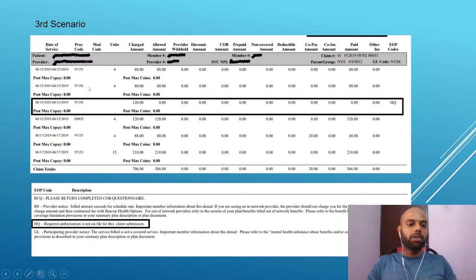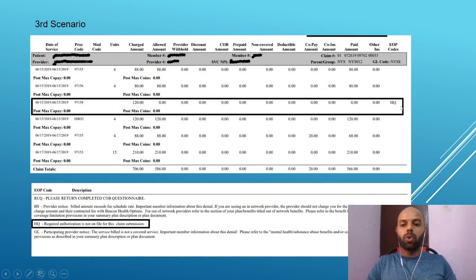And in scenario three, here we have multiple CPTs for this DOS 6/15, and a couple of DOSes 6/17, and CPTs 97155, 97156, 97158, H0032, 97155, 97153, and most of the CPTs got paid except one code, 97158.